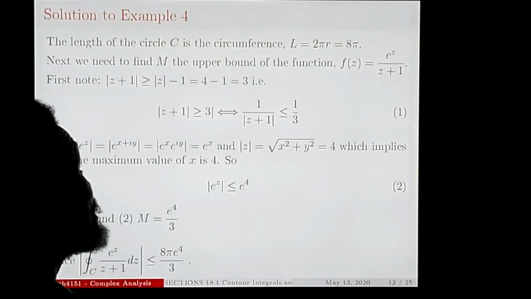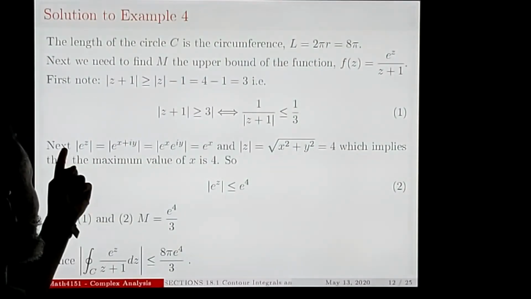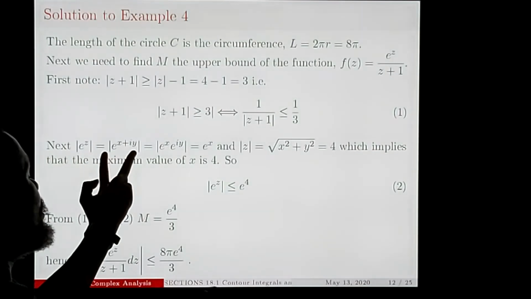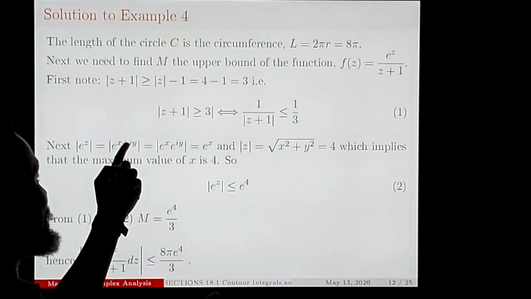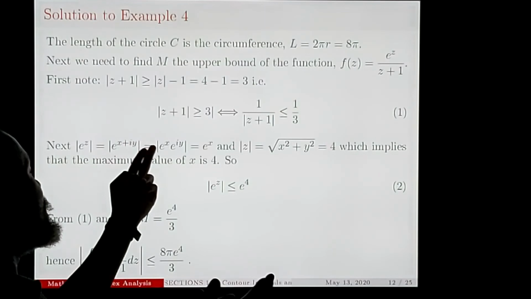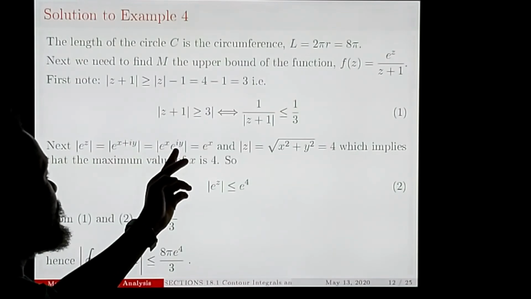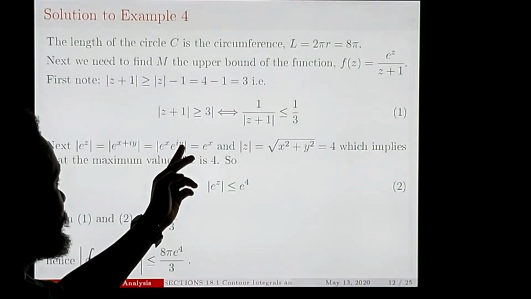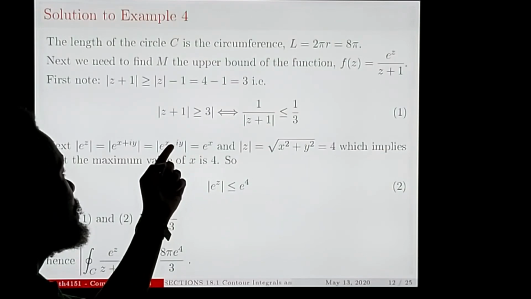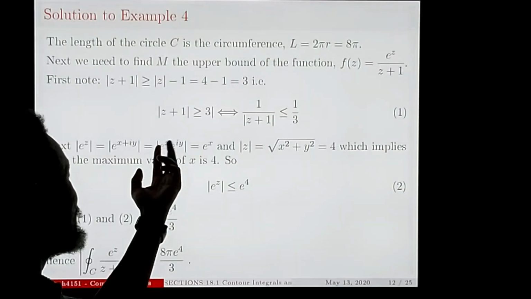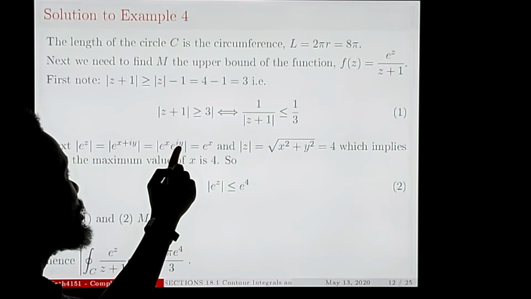The next thing is e raised to z. Now the modulus of e raised to z is the modulus of e raised to x plus iy, because z is x plus iy. And now this is just the modulus of e raised to x times e raised to iy, which is the same as the modulus of this times the modulus of this.